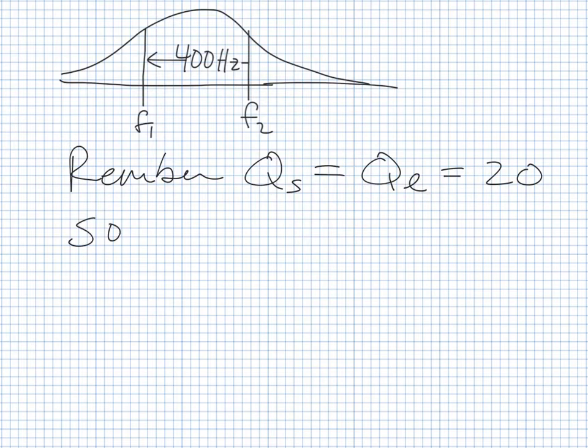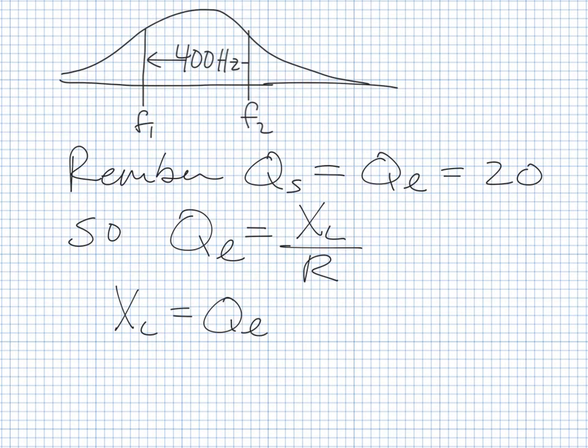So knowing that, we can say QL equals the reactance of the inductance over R. All right, so we can solve for the reactance of the inductance, and that will be the Q of the inductor multiplied by the resistance, which is 20 multiplied by 2 ohms. So we have 40 ohms for the reactance.